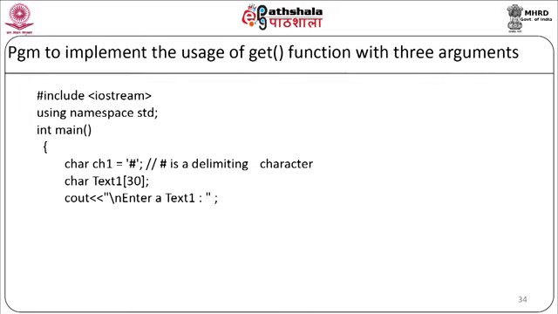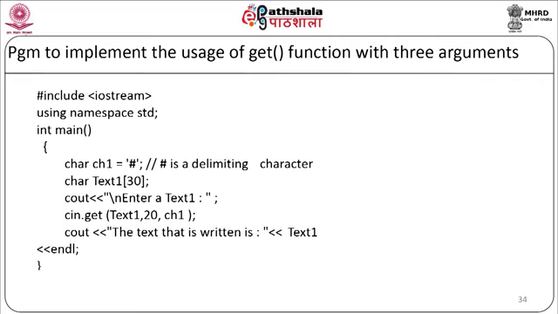We'll take the input using the get function as cin.get(text1, 20, ch1). So it will accept the first 19 characters or till the delimiter, which is hash, is reached. Cout, the text will be displayed on the screen as "The text that is written is", the value of text1, endl, and our program will end.